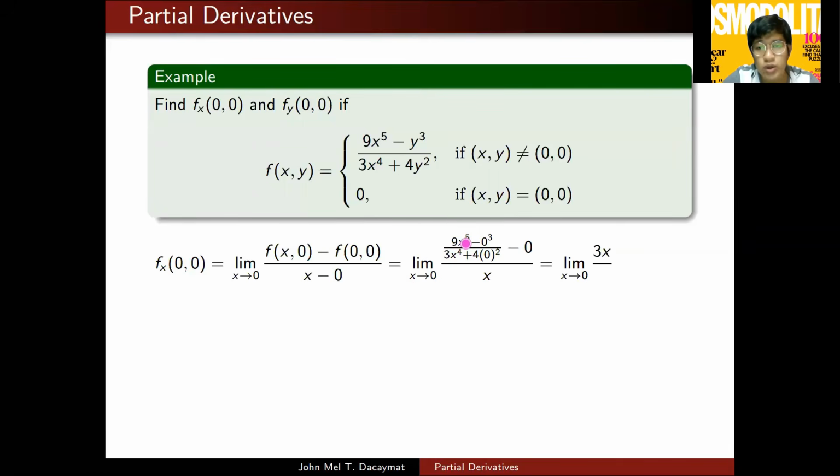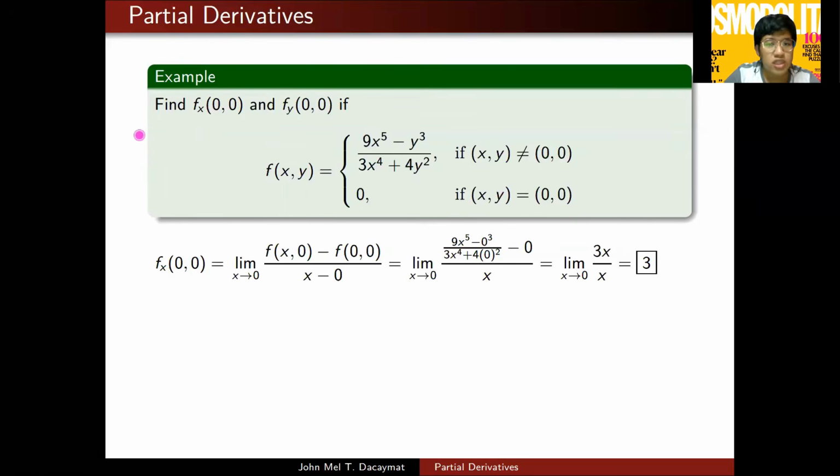I will be left with the 3x. Minus 0 over x na lang itong sa ilalim. No? I can cancel x. This is just 3. Okay? So the partial derivative at x equals 0 or at 0, 0 with respect to x is 3. Okay? Of course, you expect to have a constant answer since you already want the partial derivative at a specific value for x and y.